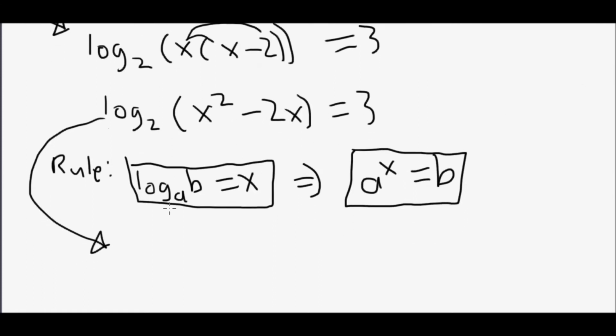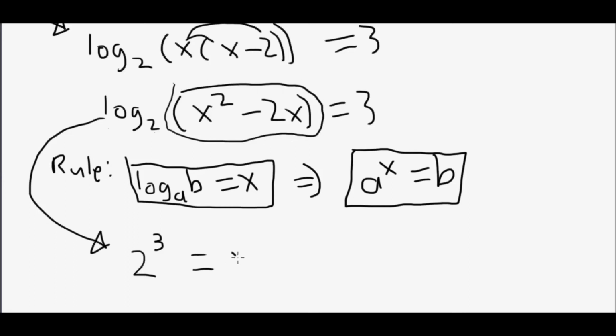Now we're going to convert it. First of all, our base is a, which is our base here, so it's going to be 2 to the x, which is what it's equal to, so 2 to the 3, and that's going to equal b, which in this case is our simplified expression x squared minus 2x.